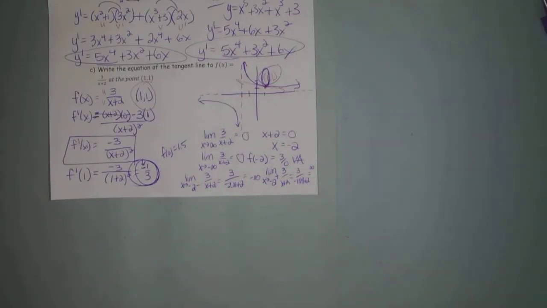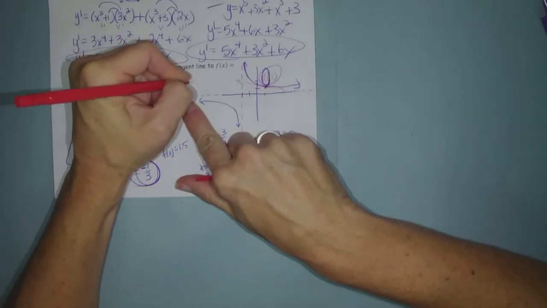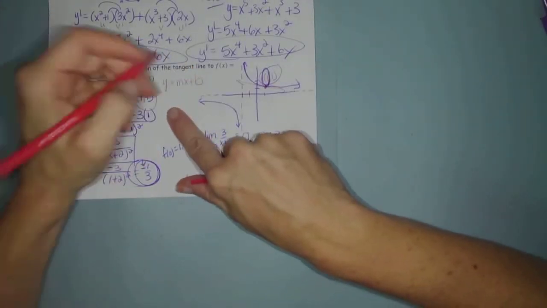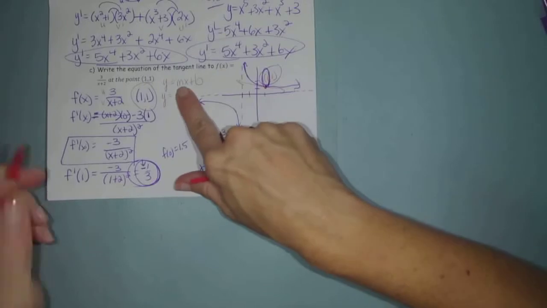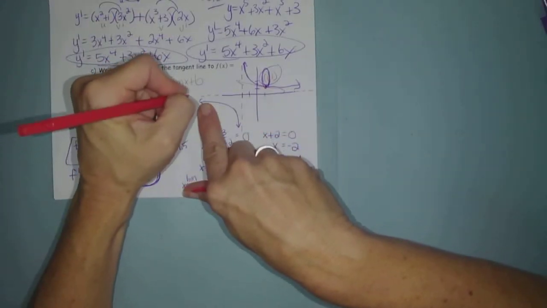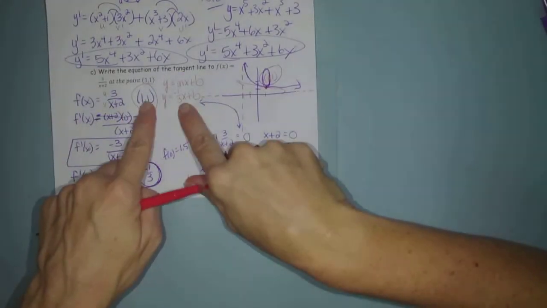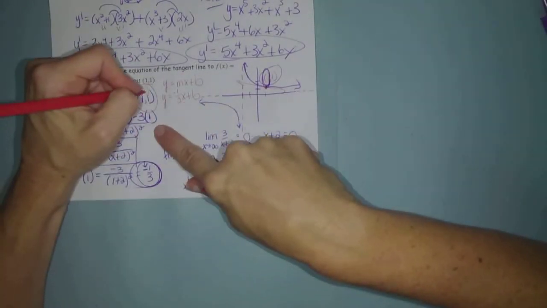So my final equation in y equals mx plus b form is going to be y equals my m, which is right here, negative 1/3 x plus b. And to get b, I'm going to substitute in my x and my y.